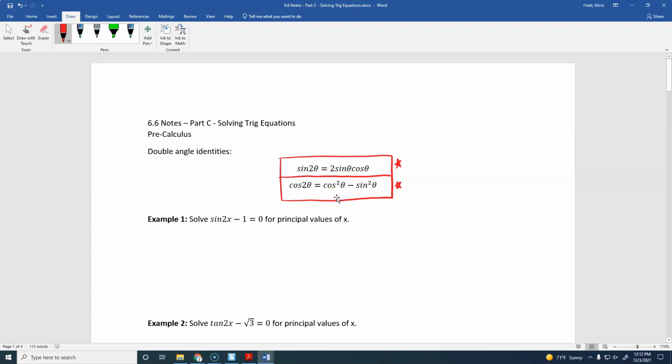This first example is not going to be helpful for us to use the 2 sine theta cosine theta, because I can just solve this for the sine. So I will have sine of 2x equals 1, if I just move that 1 over to the other side, adding that 1 there.